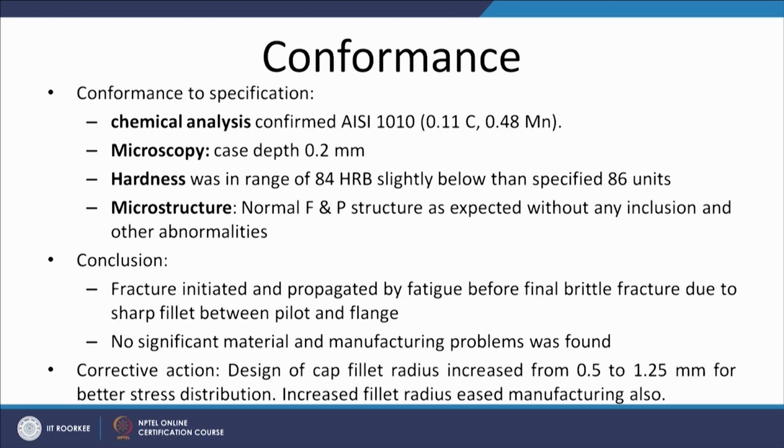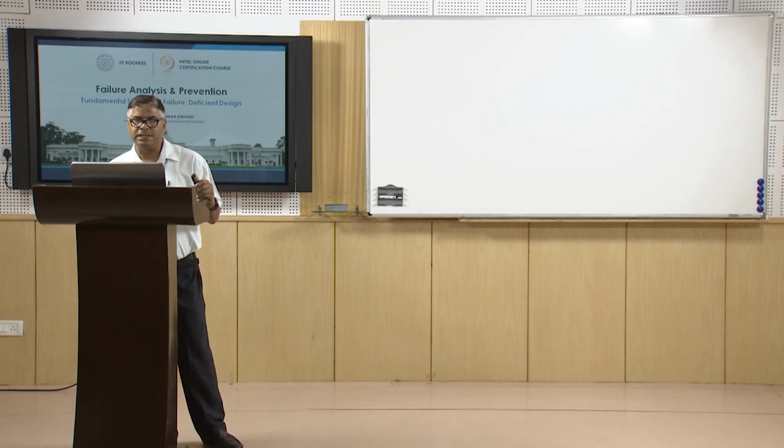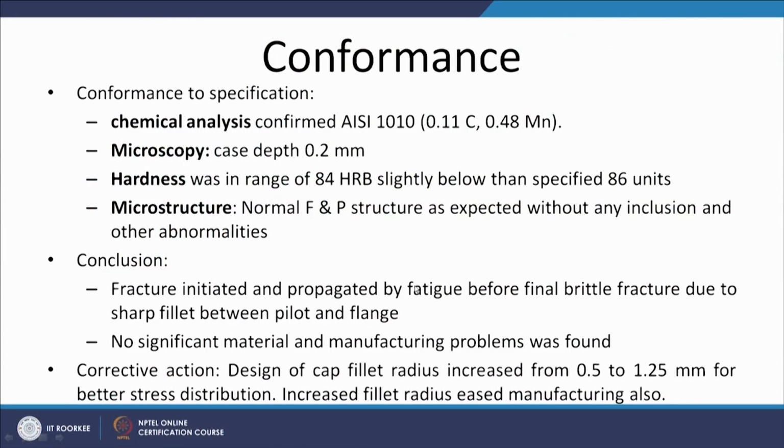Obviously, it was indicating that high stress concentration due to the somewhat limited fillet led to the nucleation and growth of the crack under fatigue conditions easily, and that is why the design of the cap fillet radius was increased from 0.5 to 1.2 mm for better stress distribution.